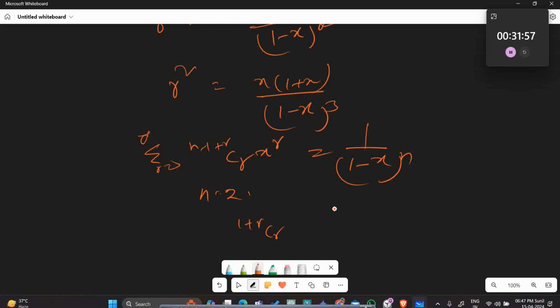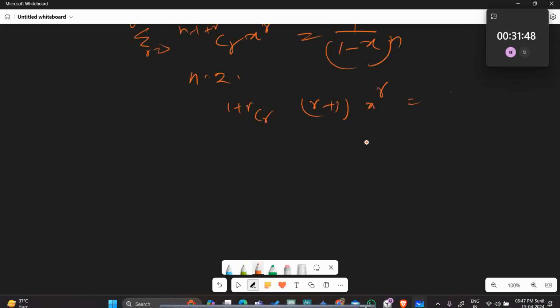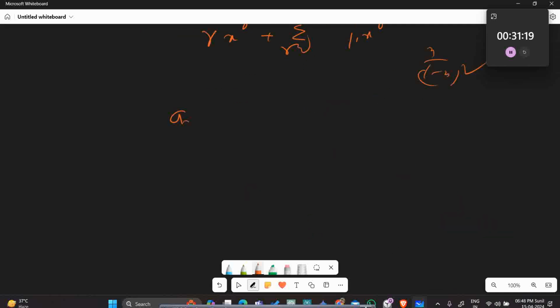Is like r plus 1 x to power r into this, and r into x to power r. Sigma r is equal to 0 to infinity 1 dot x to power r, which is already 1 upon 1 minus x, so it is x upon 1 minus x to power square. A of r is equal to r.